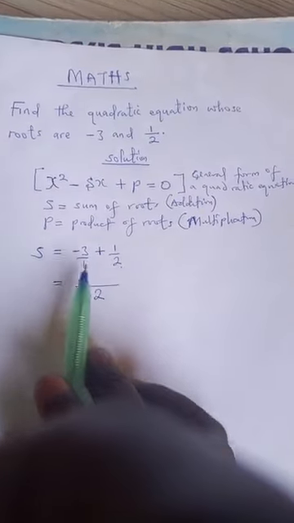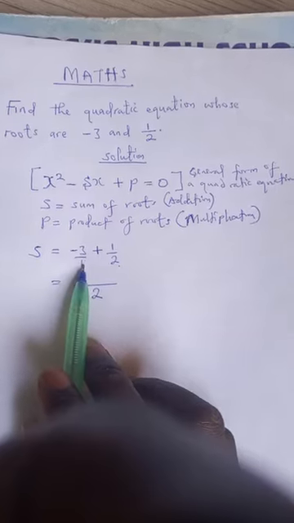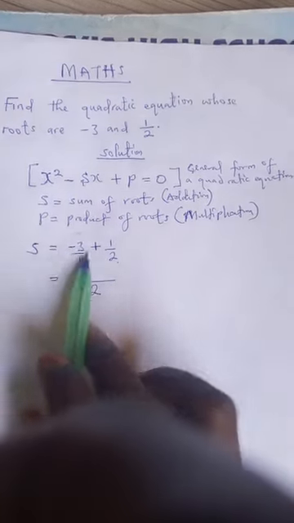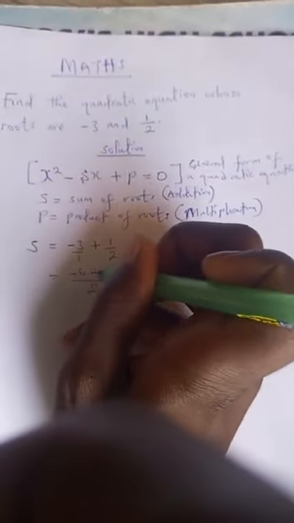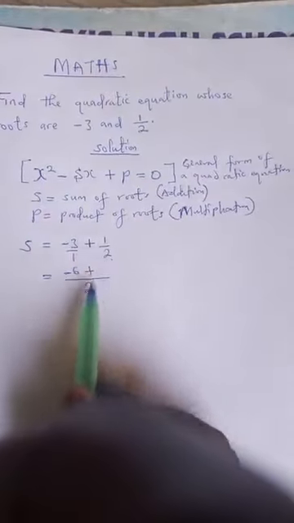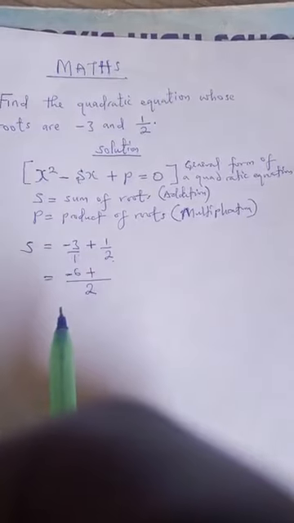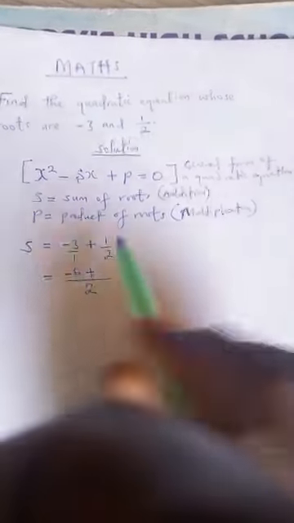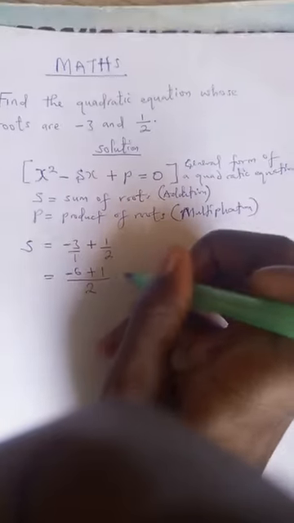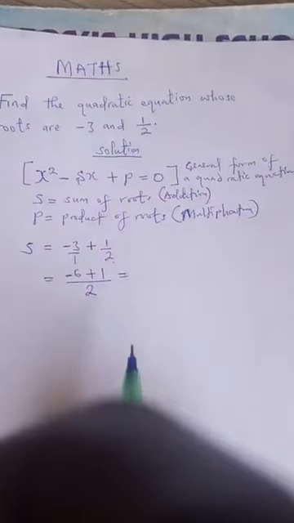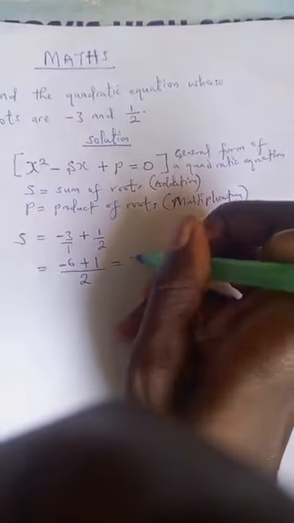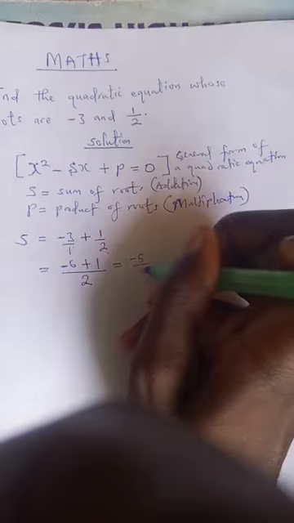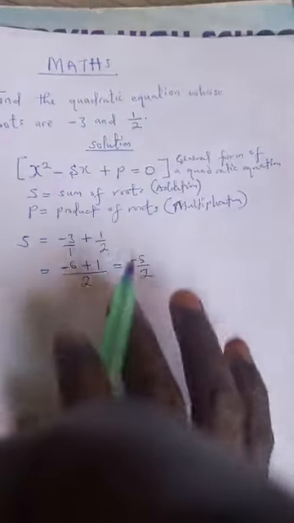So 2 divided by 1, we have 2. Then 2 multiplied by -3, we have -6, plus 2 divided by 2 will give us 1. 1 multiplied by this 1 here, we have 1. So if we sum up the two, what you have is -6 plus 1, which will give us -5 all over 2. So this is our sum.